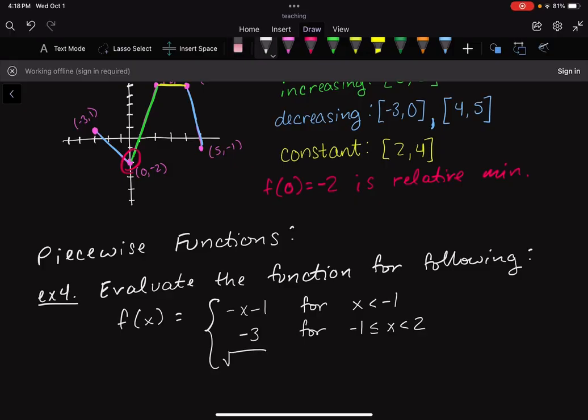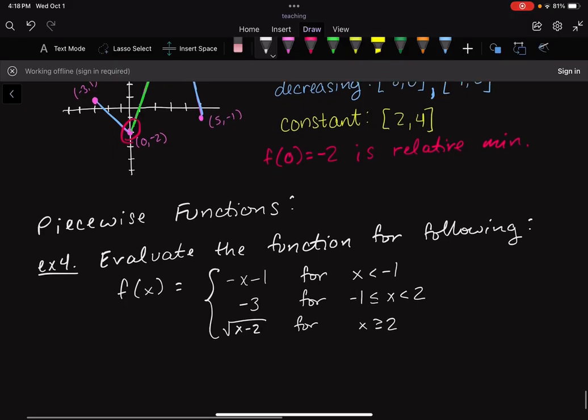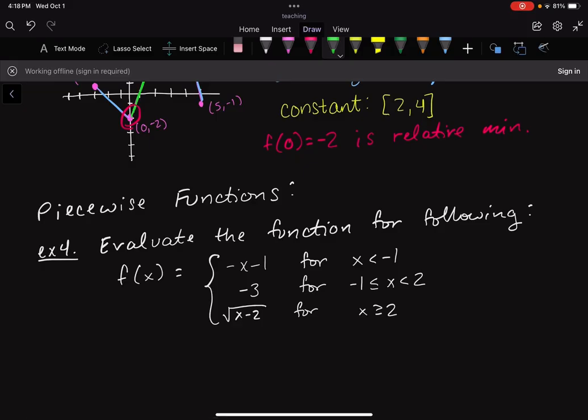And then it's square root of x minus 2 for x greater than or equal to 2. So this is a piecewise function. It just means the function's been broken up into pieces based on whatever you want your x to be.